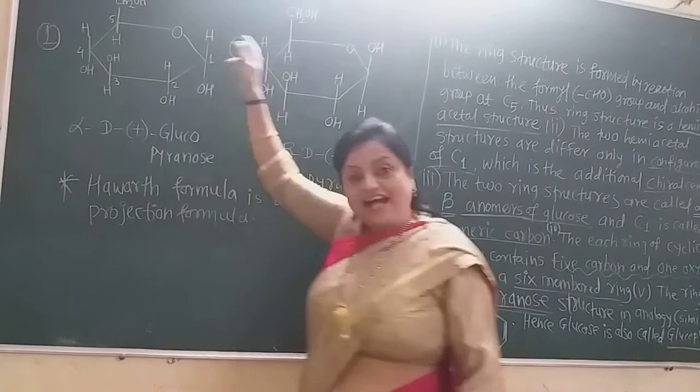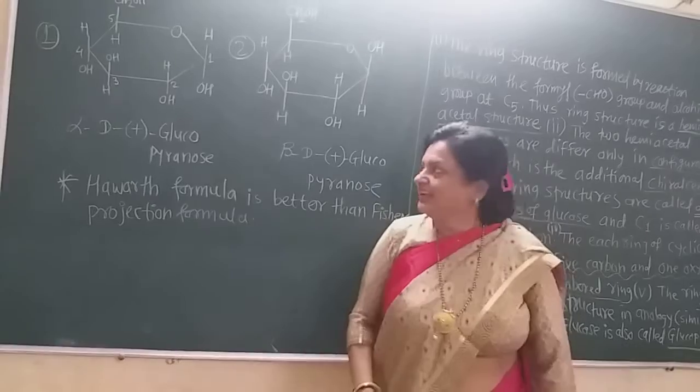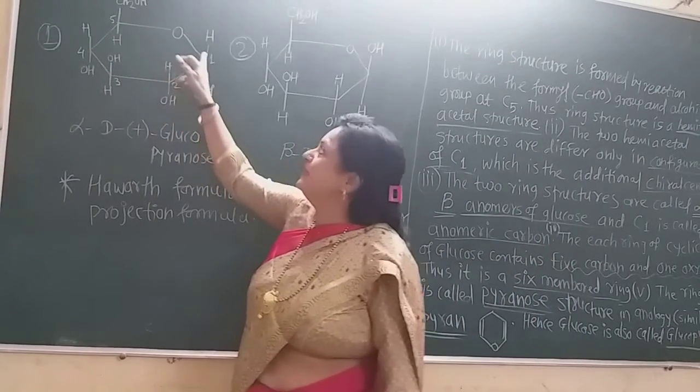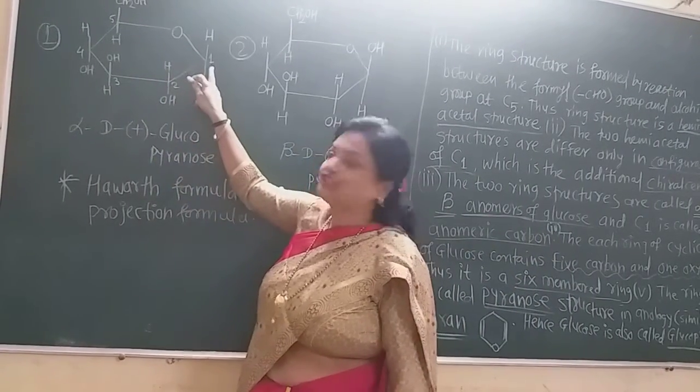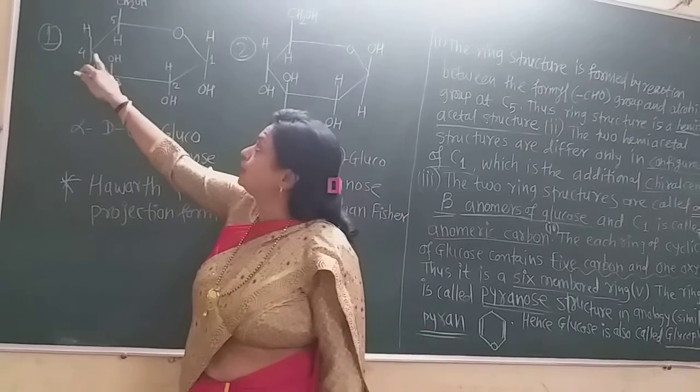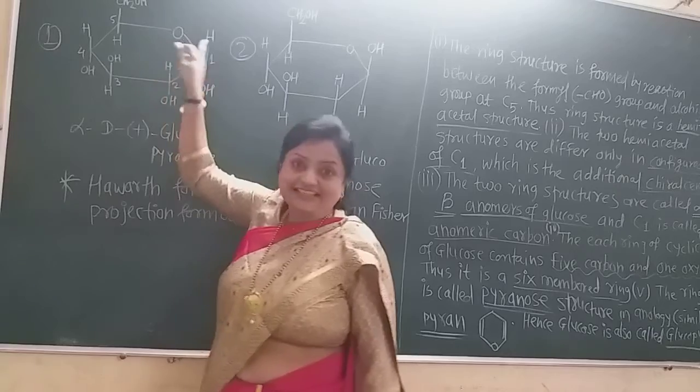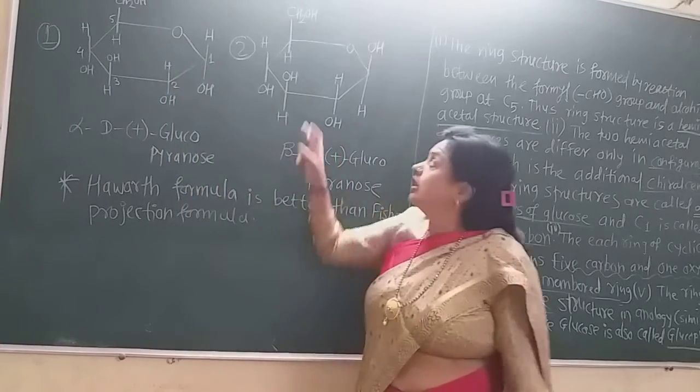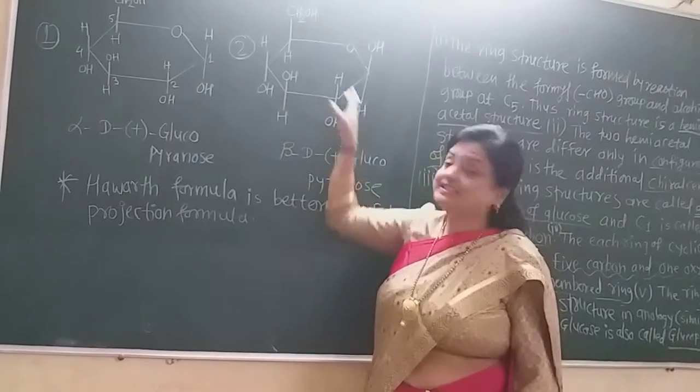These are the Haworth projection formulas. Now see, this is the 6-membered ring. This is the first carbon, 1, 2, 3, 4, 5, and this is 6. That is the oxygen. Similarly here also there is a 6-membered ring.